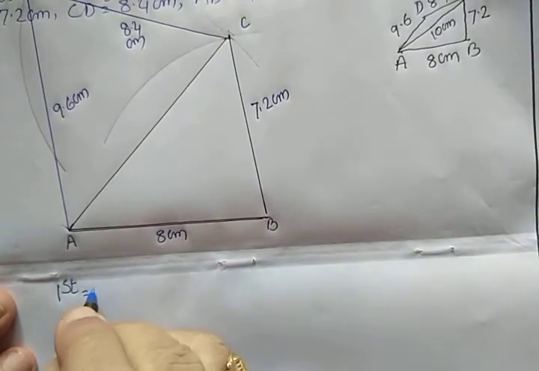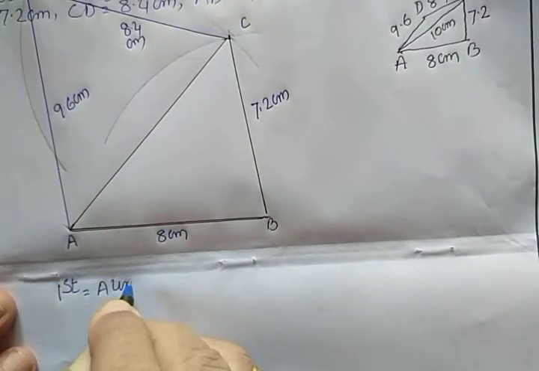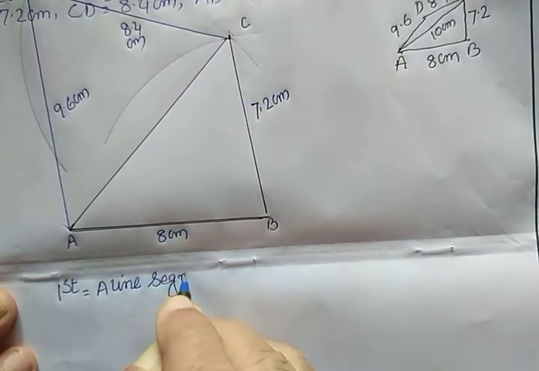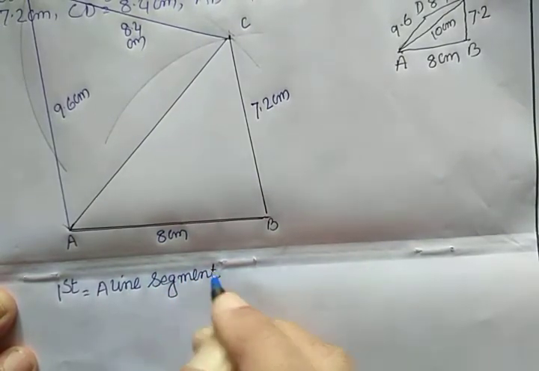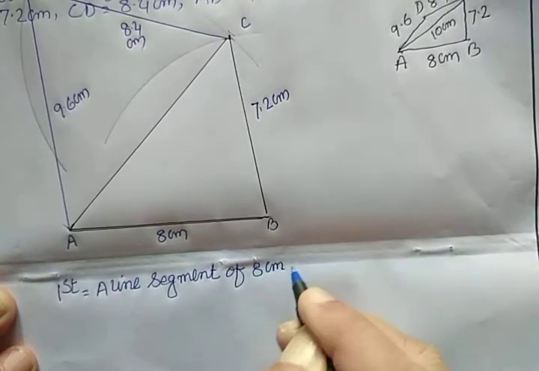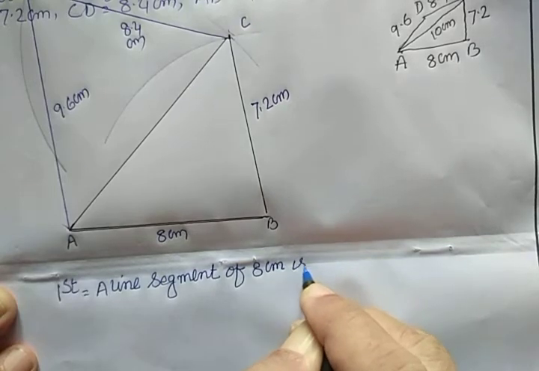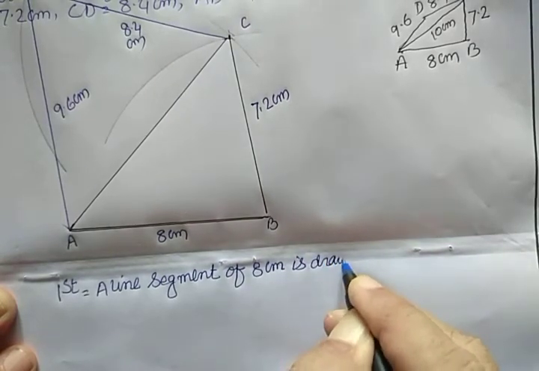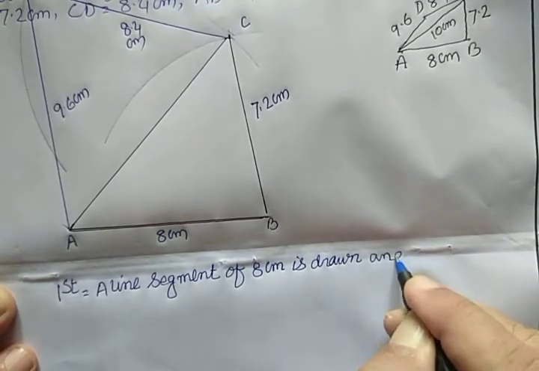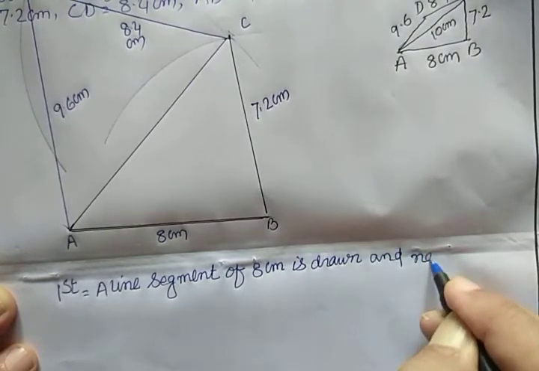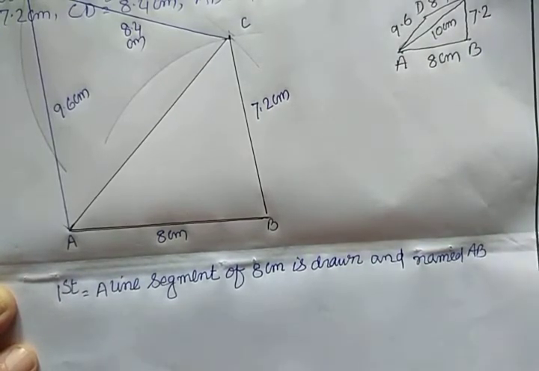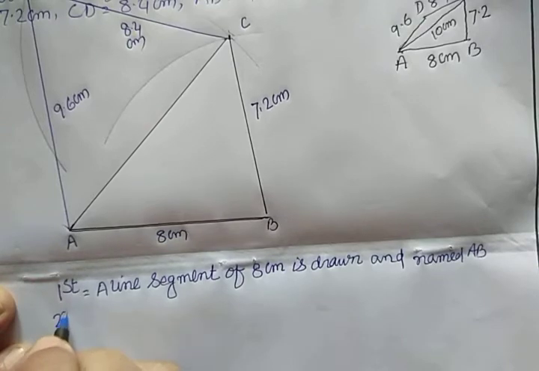A line segment of 8 centimeters is drawn and named AB. Clear?